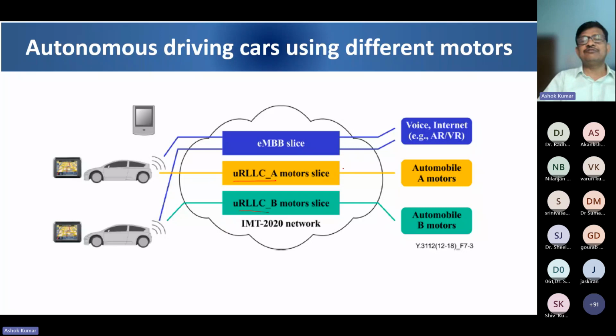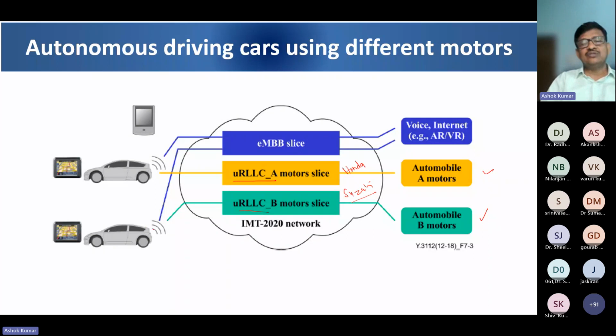Let us assume Honda automobile company, and the second maybe for Suzuki or any other company. So basically, every automobile company has a different slice in the 5G network, and they have their own server where these car IoT devices are being serviced or connected.